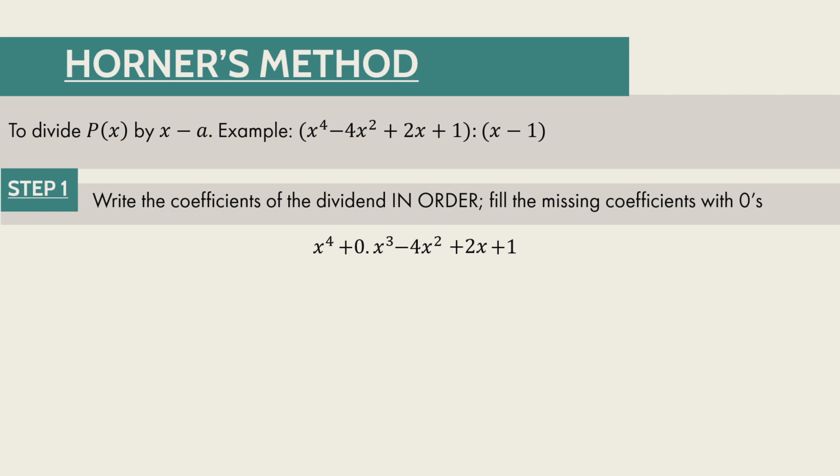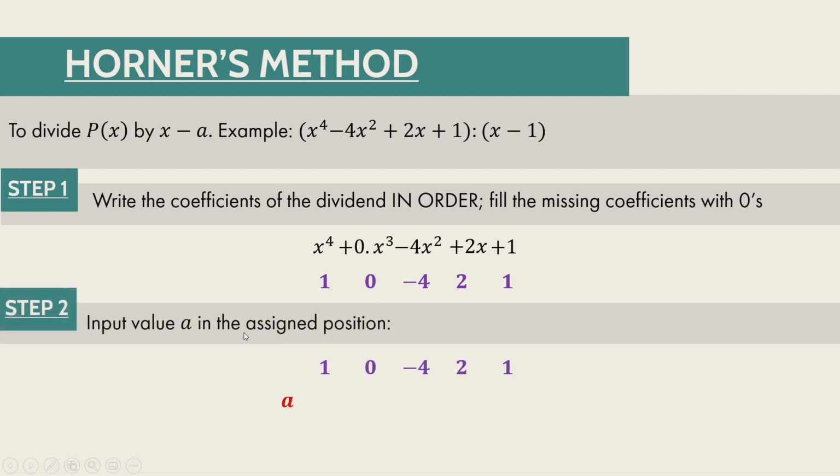First, I will fill the missing term x to the power of 3 with 0x to the power of 3. And we write the coefficients of the dividend in order: 1, 0, negative 4, 2, 1. Remember to space the coefficients nicely.